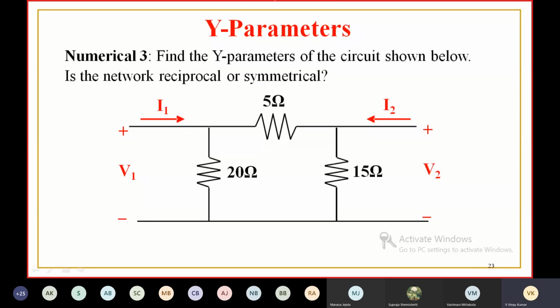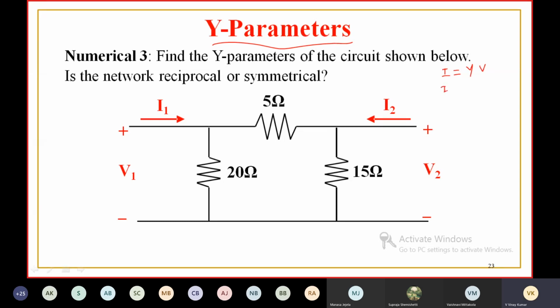Let us find Y parameters for this network. Find the Y parameters of the circuit shown below. Is the network reciprocal or symmetrical? Here, how can you find Y parameters? First you write I is equal to YV.